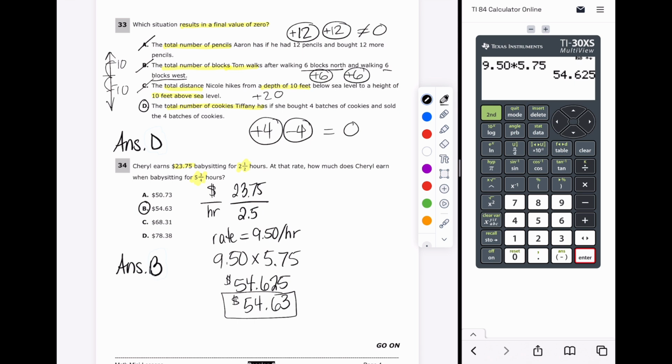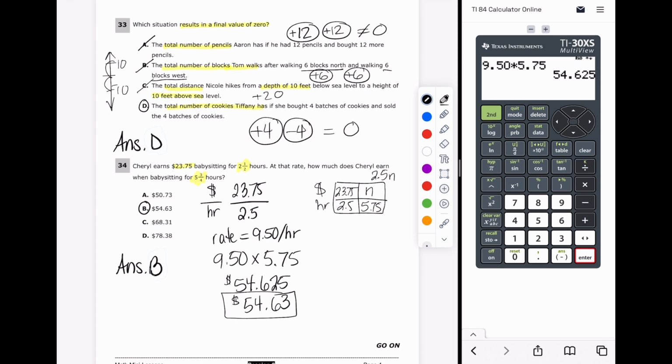Another way you could do it is by using a ratio table, which I am, of course, a big fan of. You can put your rate in there, $23.75 and 2.5 hours. And we want to know how much she gets in 5 3/4 hours. For this one, you're creating an equation to be able to solve. So we're going to cross multiply. If I multiplied this way, a number times 2.5, I get 2.5n.